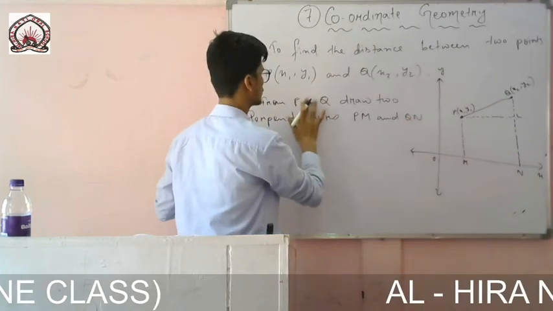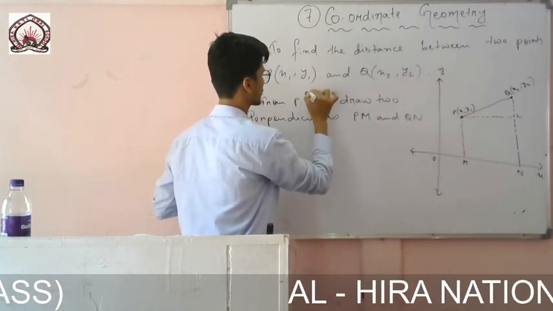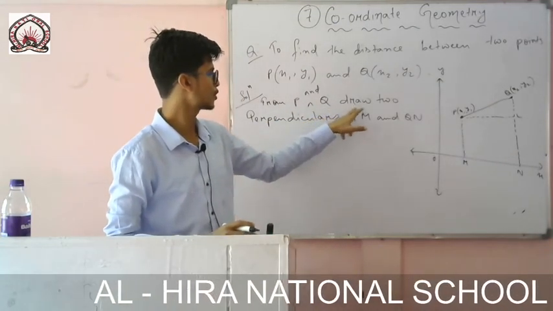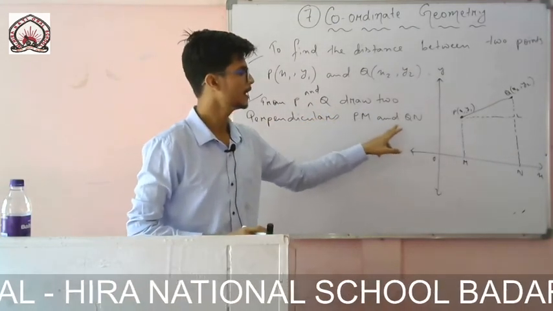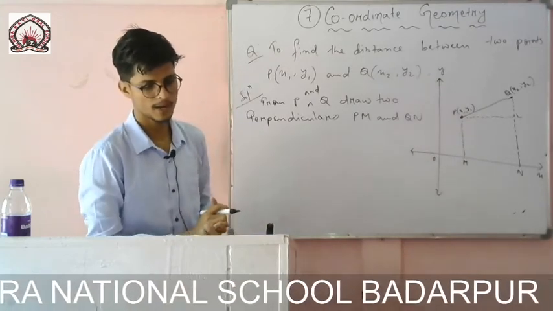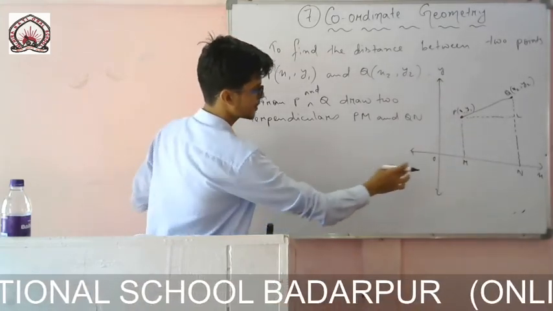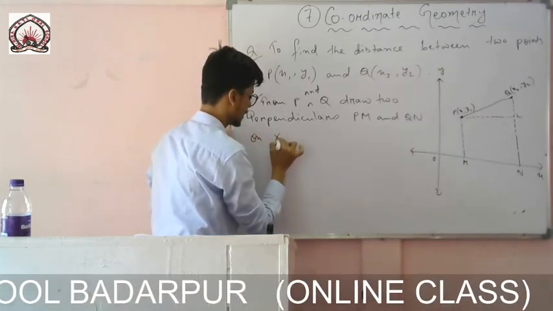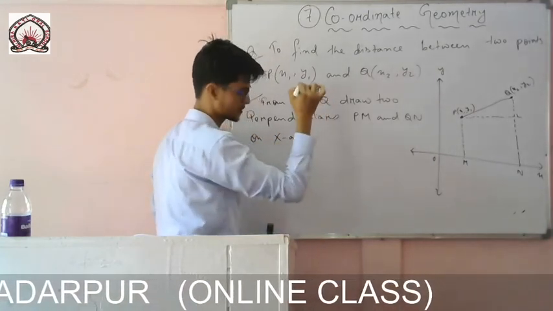Okay, don't get confused, this is M and N. So from P and Q, draw 2 perpendiculars, PM and QN, on the x axis. So you will write on x axis.